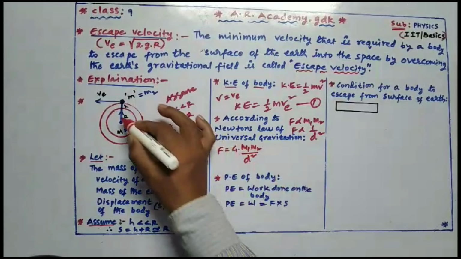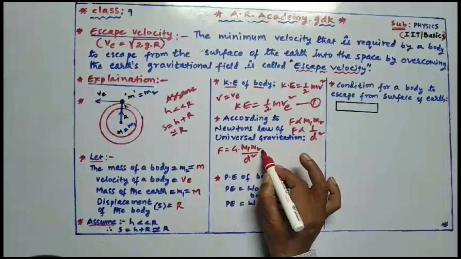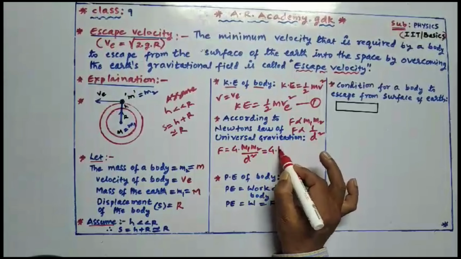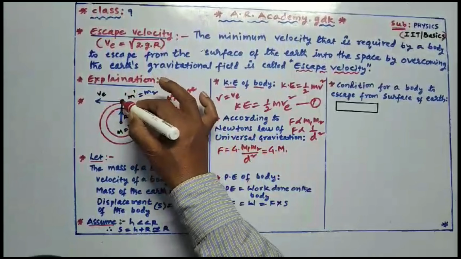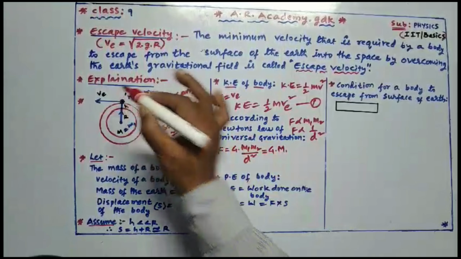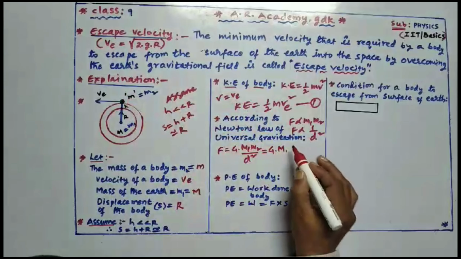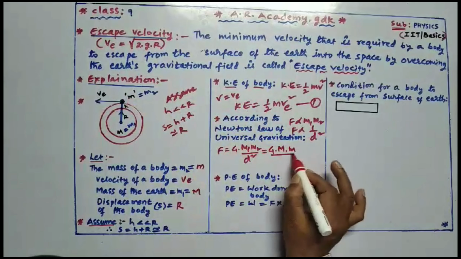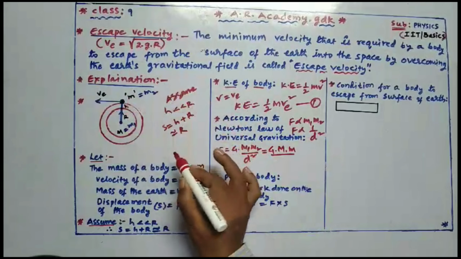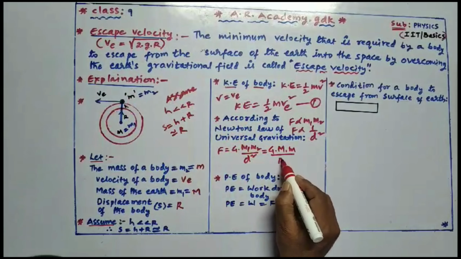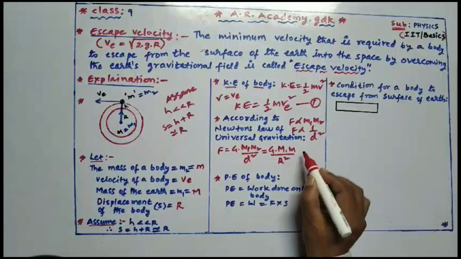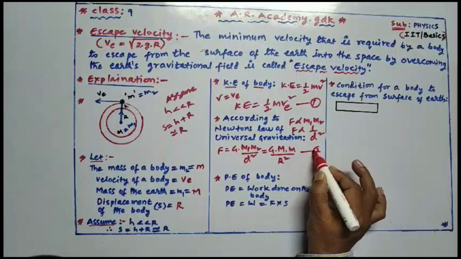But here the first mass is the Earth's mass, capital M, and the second mass is the body thrown upwards, small m. D, the distance, is the displacement H plus R, so this is R square. Say this is equation number 2.